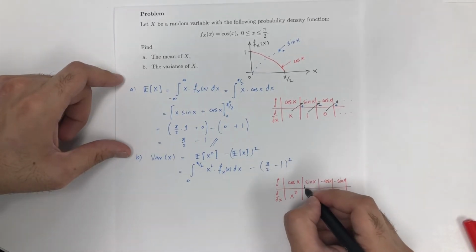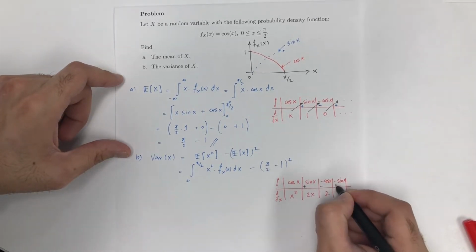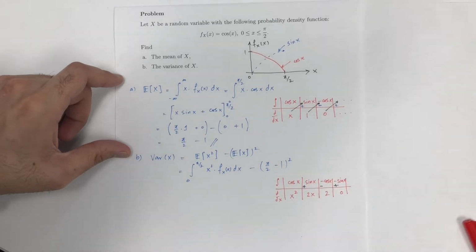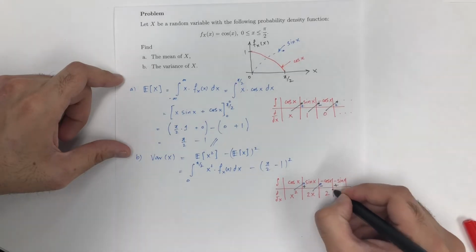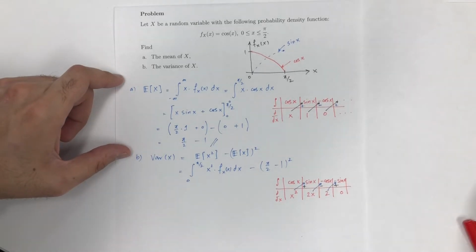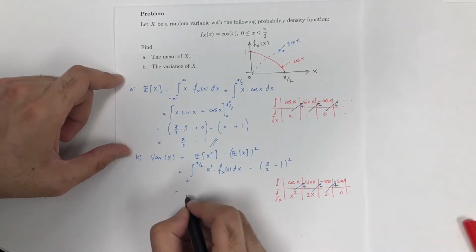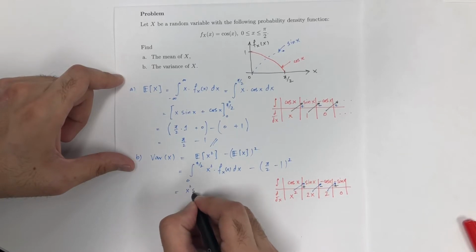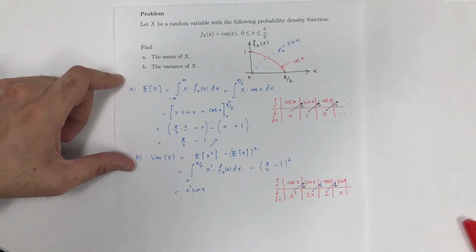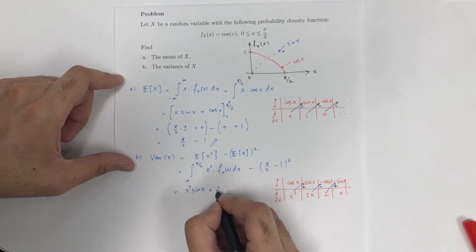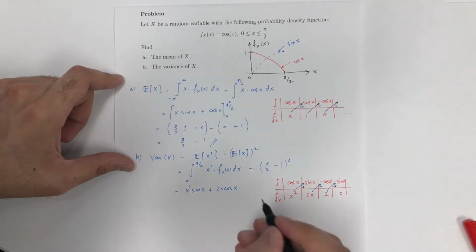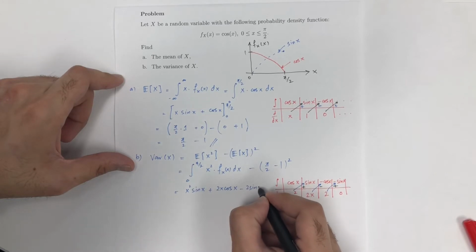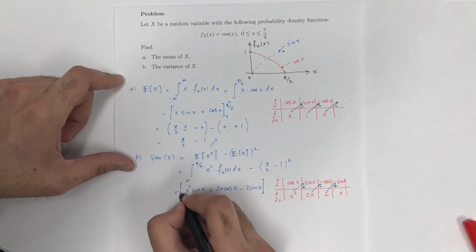Again, we will put this plus, minus, plus here, and then multiply sideways. So the expression turns out to be x squared sine x plus 2x cosine x minus 2 sine x, 0 to pi over 2.